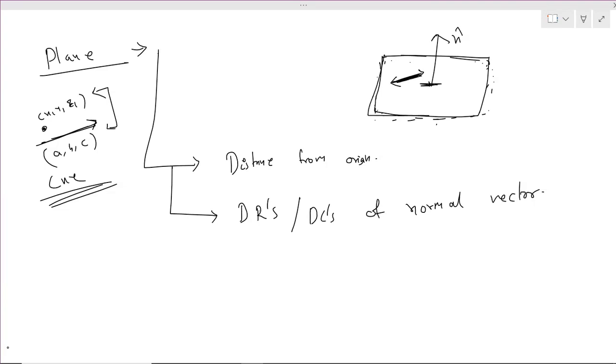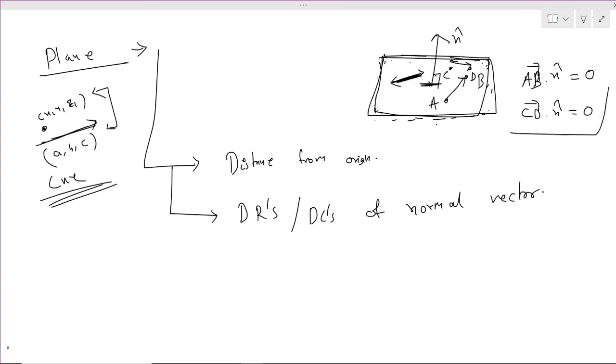Alright, if this is a plane, you are taking any point here, A and B. If you join this AB, then can I say AB dot n will be 0? Yes or no? Yes. Same way, if you take CD here, then CD dot n will also be 0.